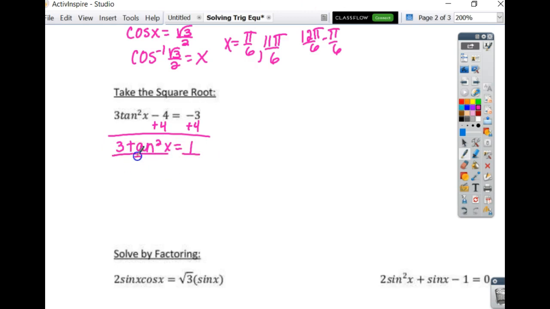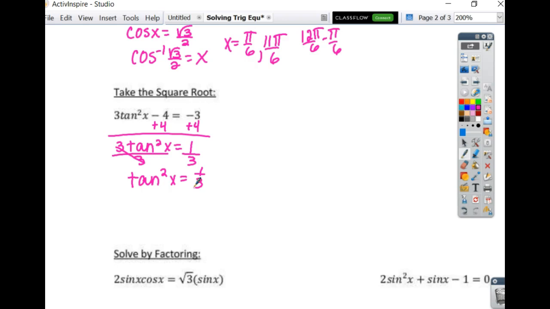And divide by 3. Now if I just want the tangent by itself, how do I get rid of the squared? I'm going to take the square root. So if I take the square root of 4, what's the answer? What about negative 2?